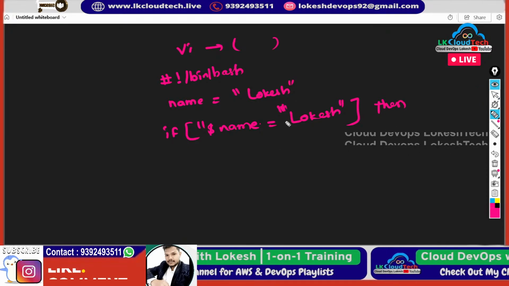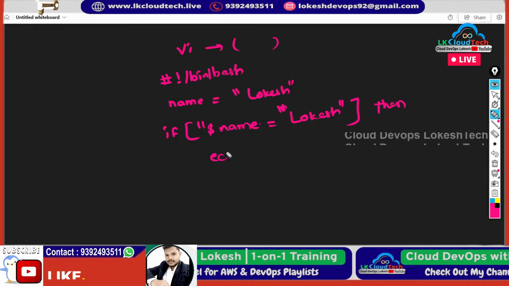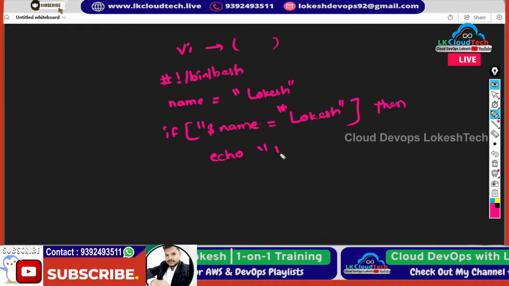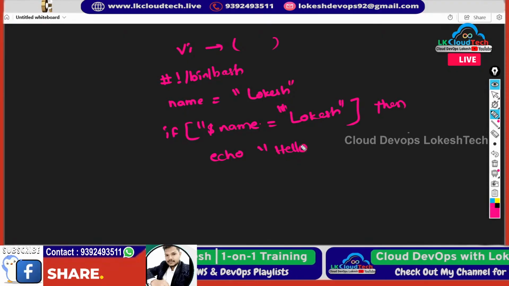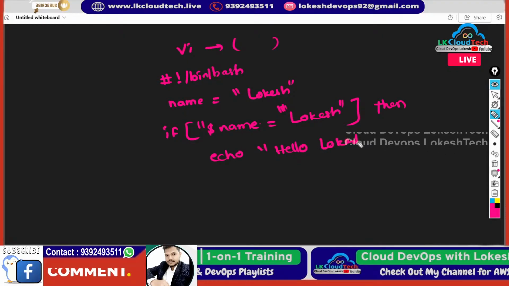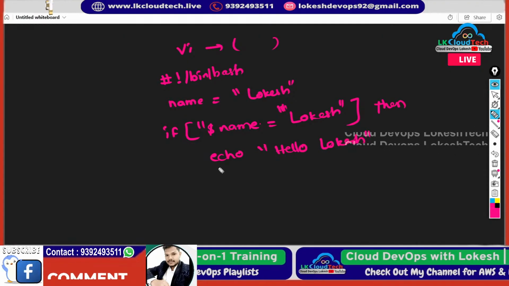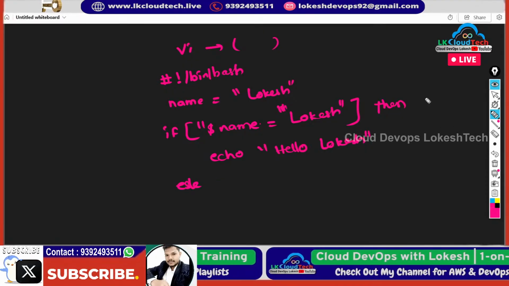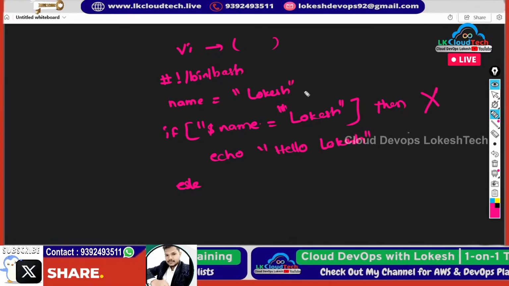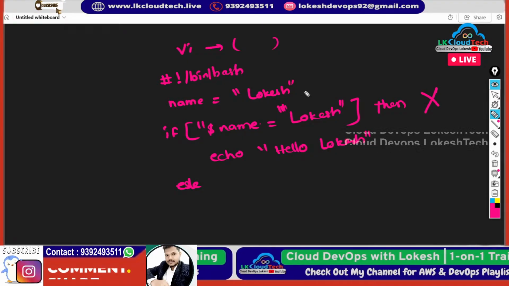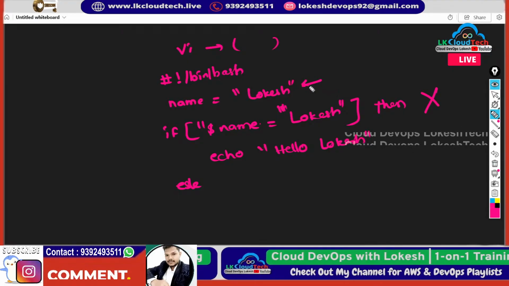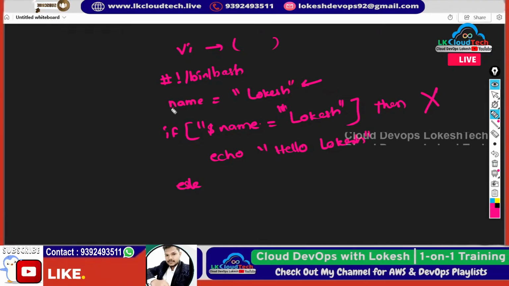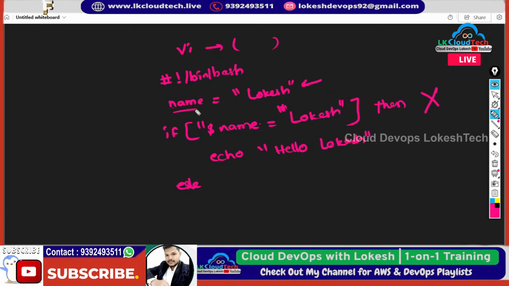Okay. So then, echo hello Lokesh. Else, if this statement is wrong. Currently this is a variable, and we are storing Lokesh in it.